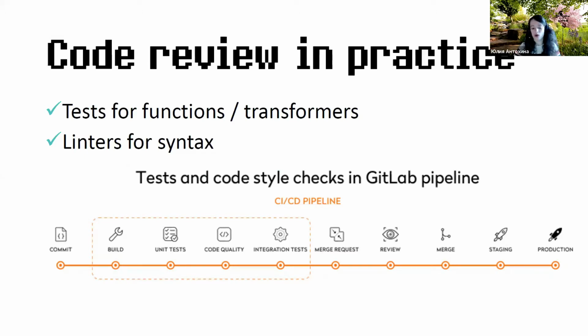For every push in the merge request, a CI/CD pipeline starts, which runs tests and linters automatically, which helps us to divide easy checks like PEP 8 and logical checks, which are made by data scientists. It helps a lot to speed up the code review process and makes the work in total more confident in result.